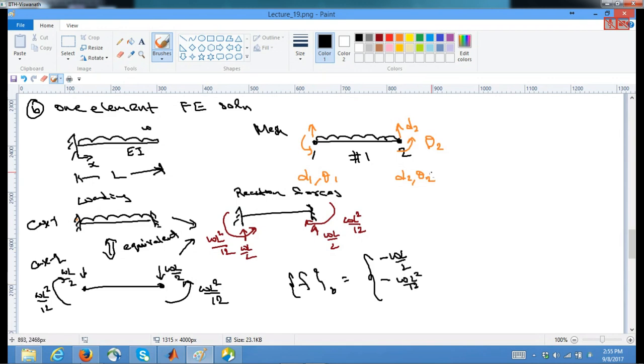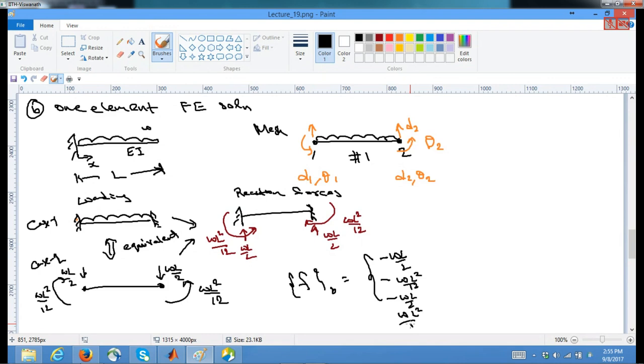Now this one is in the positive direction, but this one is opposite to that, and this one is positive. This is the loading vector, and I have to take care of it.